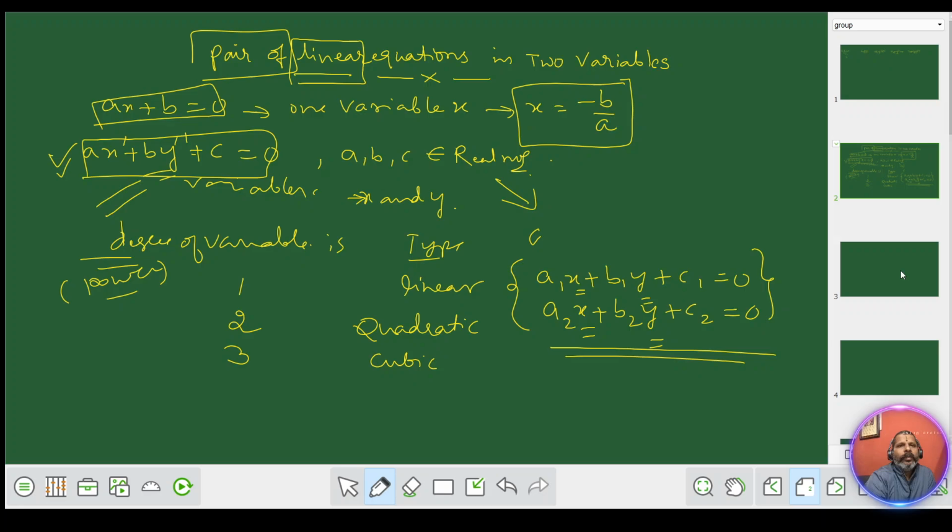Now, we have seen the equations as a1x plus b1y plus c1 is 0, a2x plus b2y plus c2 is 0.